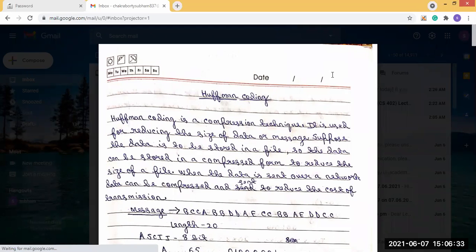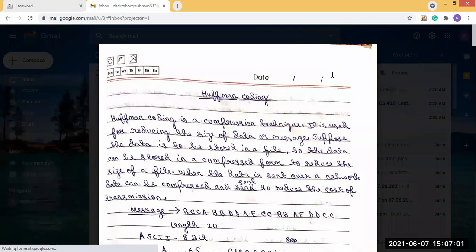A large file size is a problem, so we reduce the size of the file by storing the data in compressed form. If we store the compressed data into the file, then automatically the size of the file will be reduced.